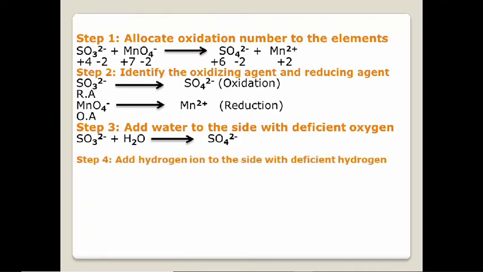So the next step is to add hydrogen ion to the side with deficient hydrogen. You will find out from step 3 that the product side of the reaction does not have hydrogen ion. It's deficient of hydrogen. Therefore, we need to add hydrogen ion to the other side of the equation.